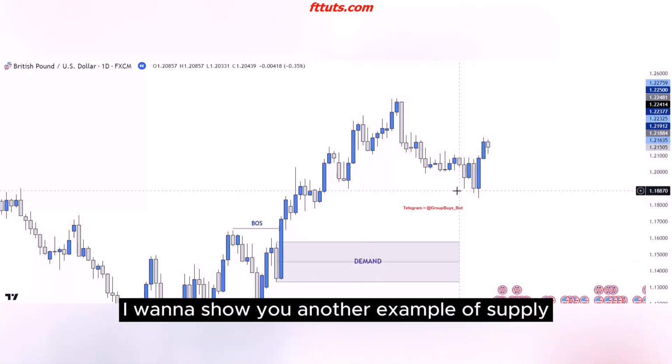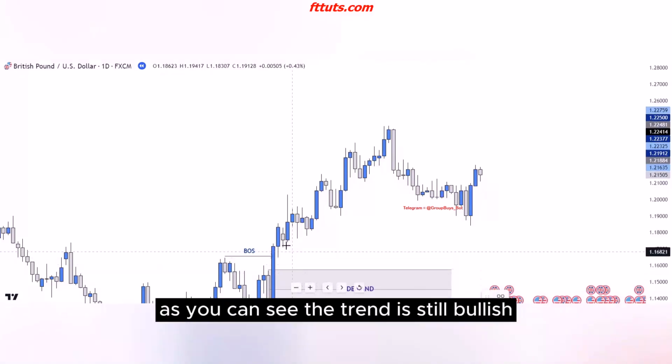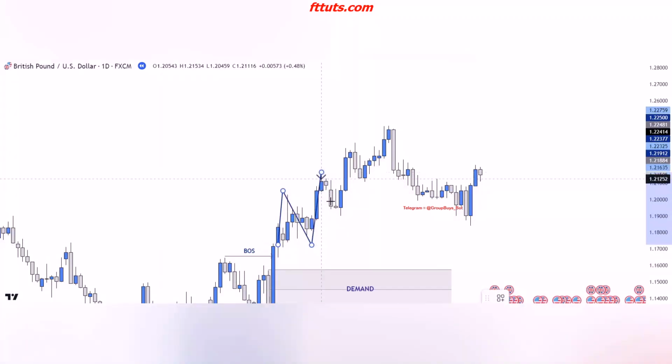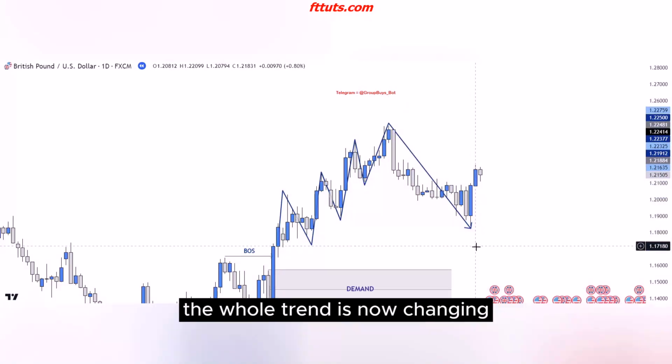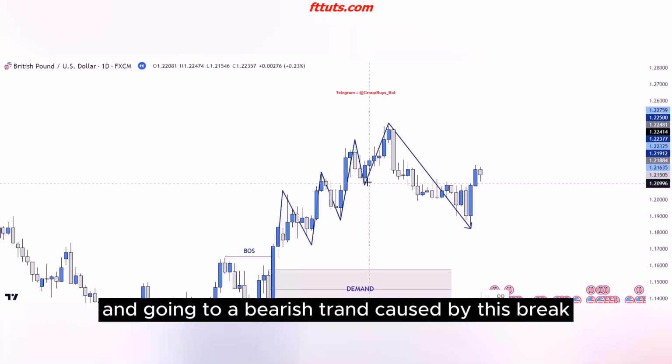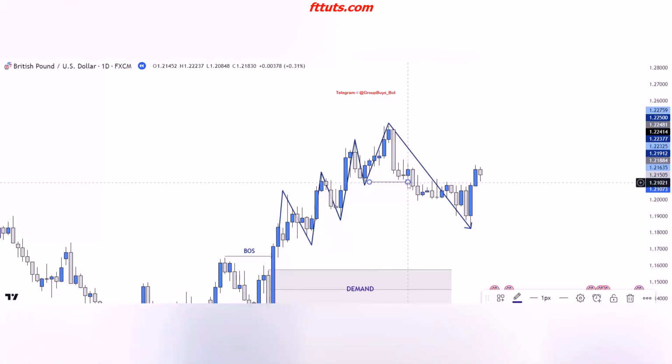I want to show you another example, of supply. As you can see, the trend is still bullish. The whole trend is now changing and going to a bearish trend caused by this break.